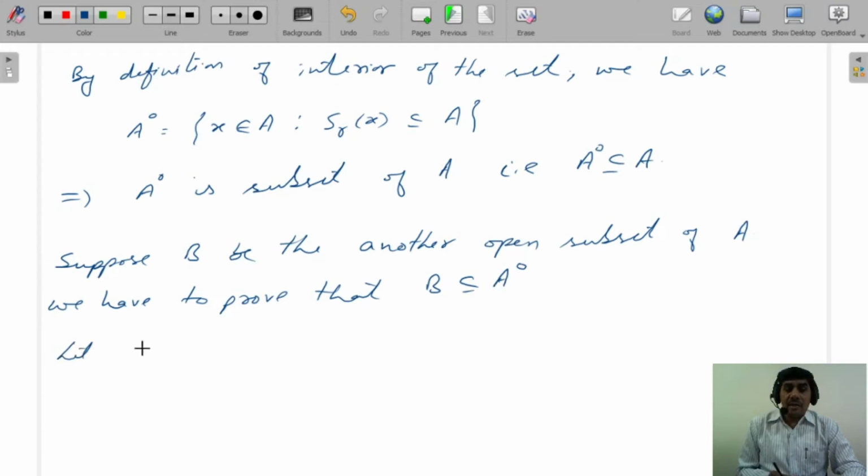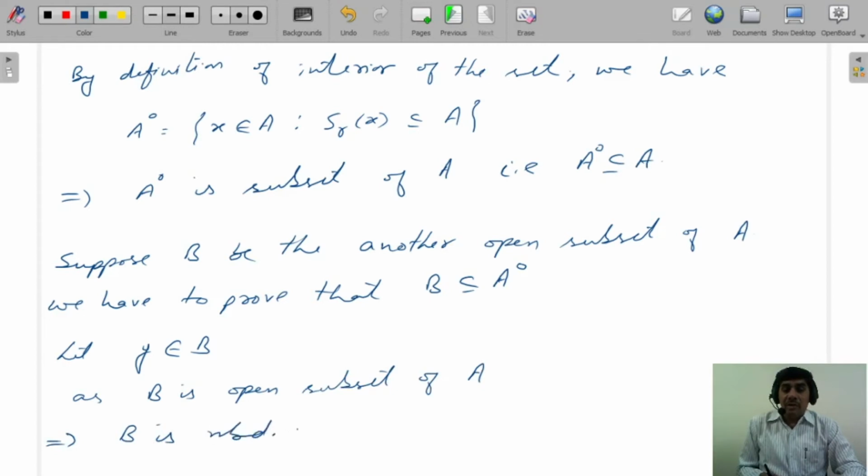Let y belong to B. As B is an open subset of A, this implies B is a neighborhood of all its points.